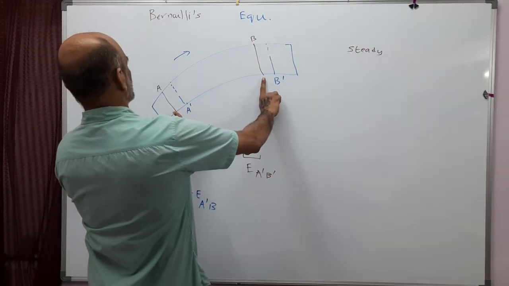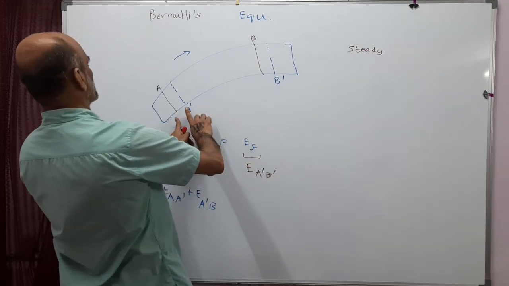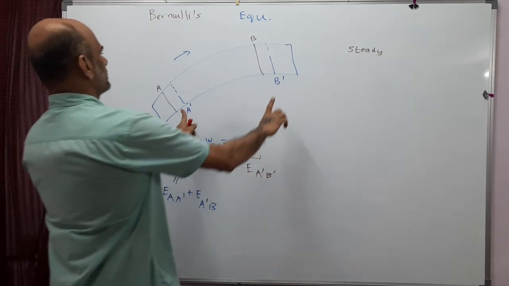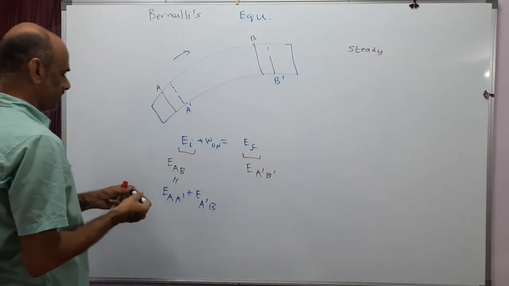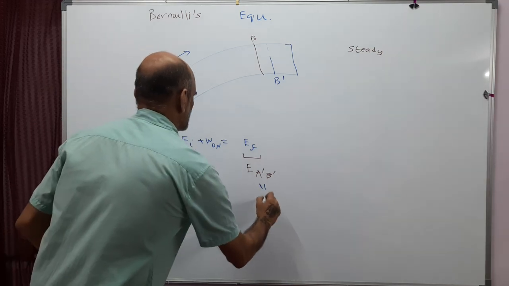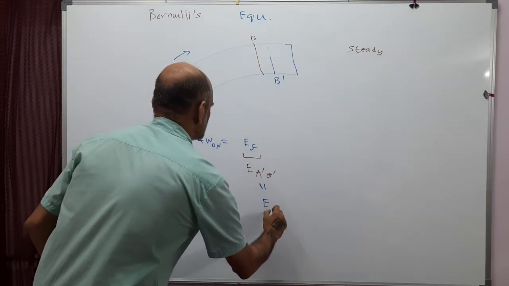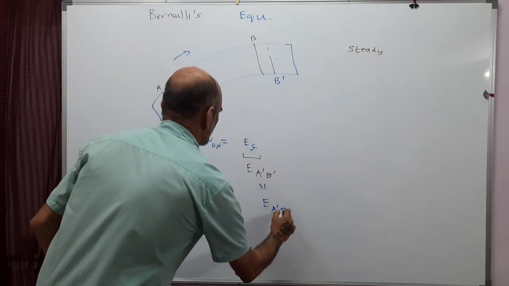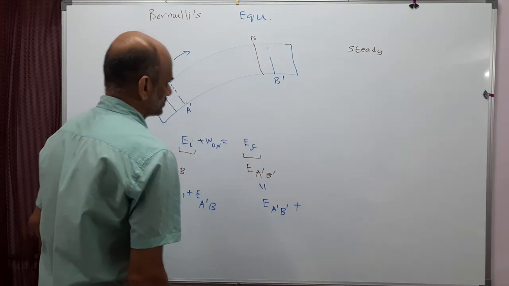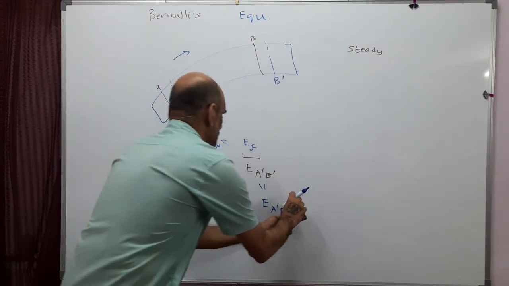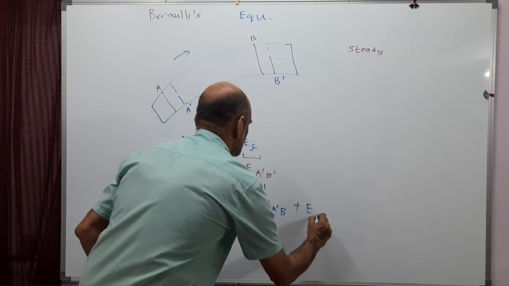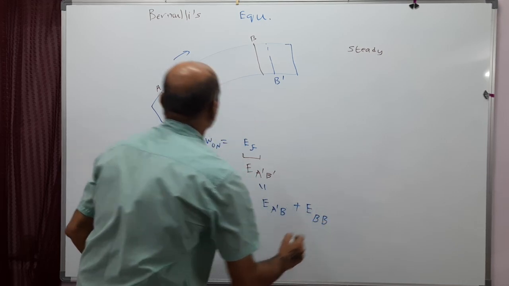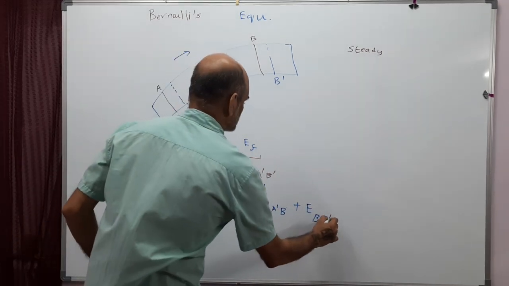This liquid from A to B I can consider as two parts, A to A prime and then A prime to B. Similarly, A prime to B prime I can consider as made of A prime to B and then B prime. Energy of the liquid in the region A prime, B prime, B plus energy of the liquid in the region B prime.